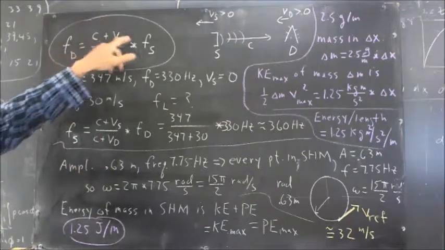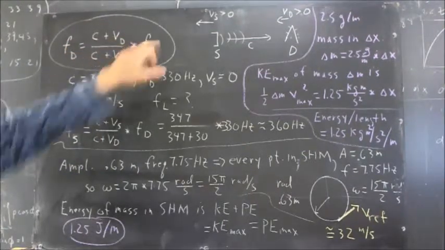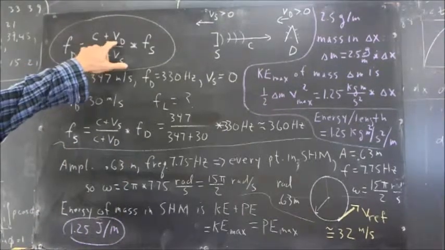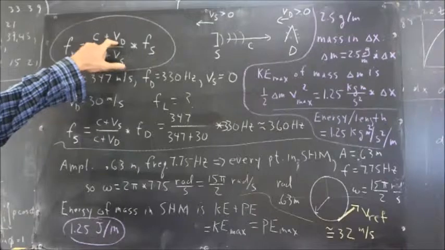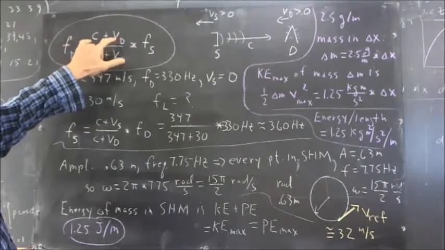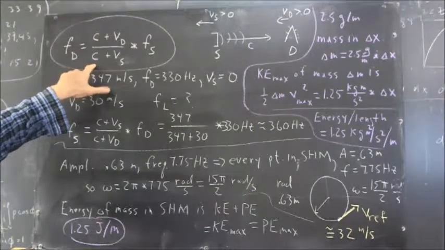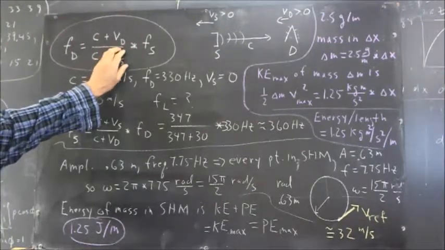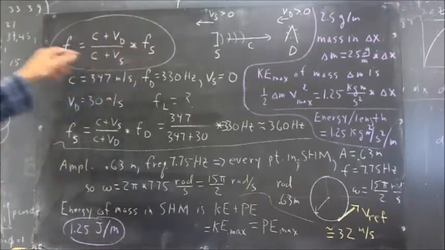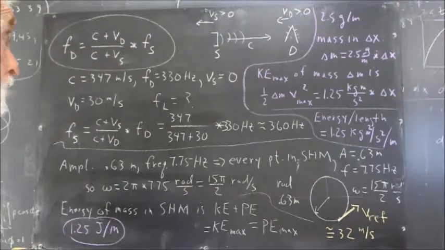And that is taken care of here. We have c plus the velocity of the detector, times the frequency of the source, equals the frequency of the detector. If the velocity of the detector is positive, then c, which we always take as positive, added to that gives us a factor that's bigger than the c that we'd have in the denominator. Remember, the velocity of the source for the moment is regarded as 0. So that case gives us a greater frequency at the detector than at the source.